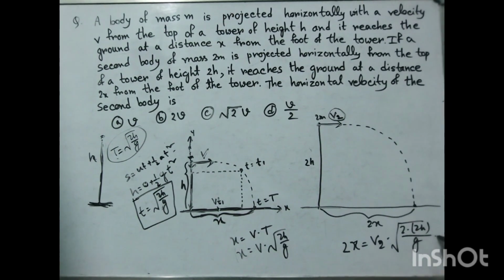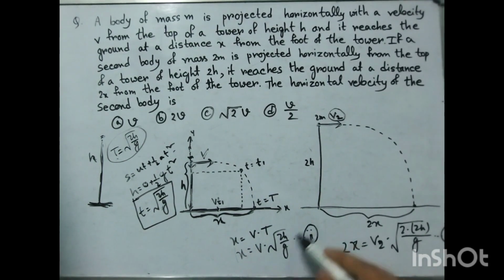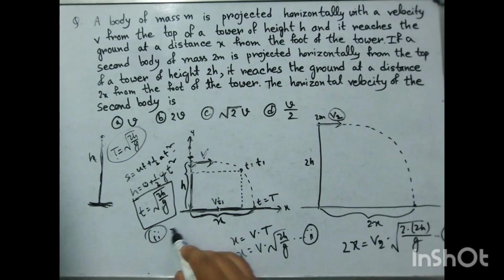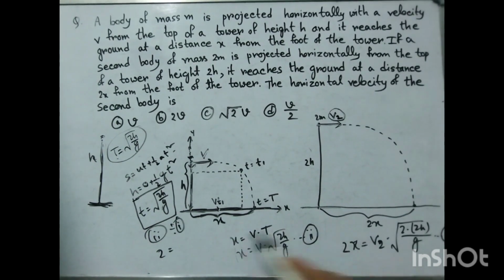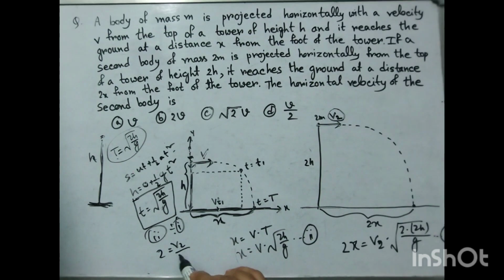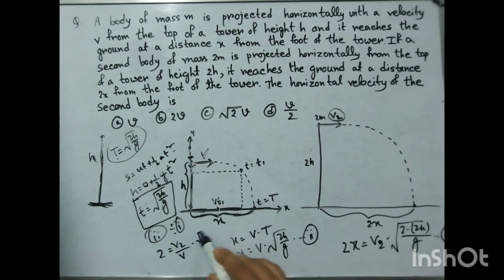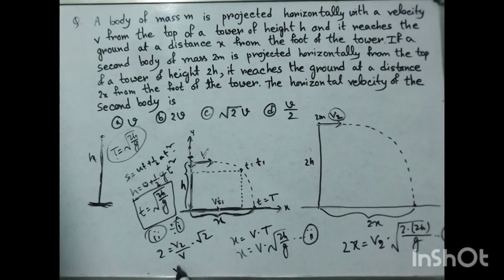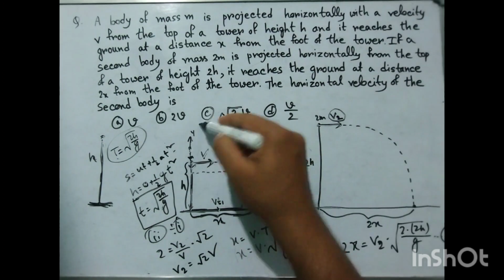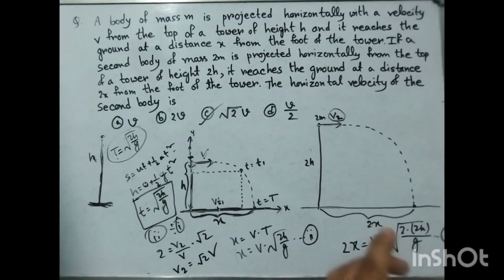Now if you divide equation 2 by equation 1, you will get 2 equal to v2 by v into root 2. From this you can find v2 is root 2 v. That means C is your answer.